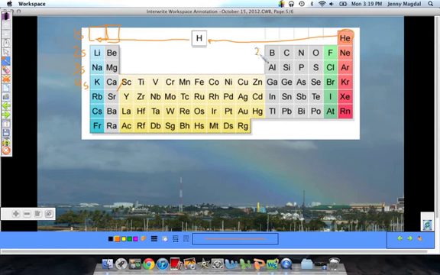Then we have 2p and 3p, and that's all we're going to have to worry about. So let's take a look at hydrogen. Let's start there. So I see that hydrogen is right here. So I have the first energy level with the S shape, and there's just one box to get to hydrogen, or 1 electron. So 1s1.